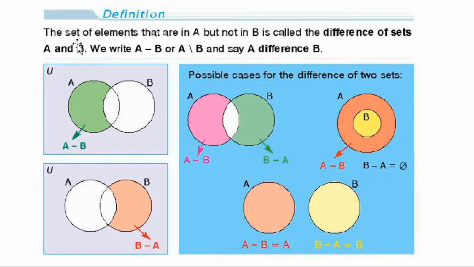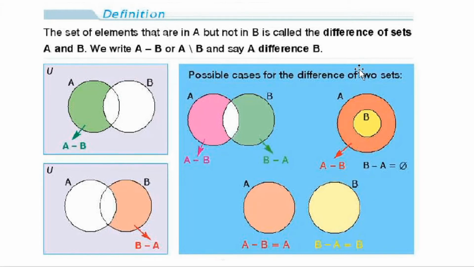We will say A difference B. So from now on, I will not call that A minus B or A slash B, but instead I will say A difference B. So take note of the notation. Some books use A minus B, and some other books use A slash B. Whichever I'm using, I'm referring to the difference.